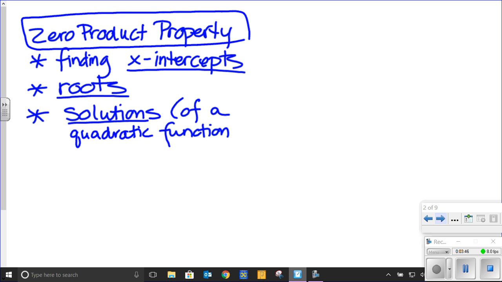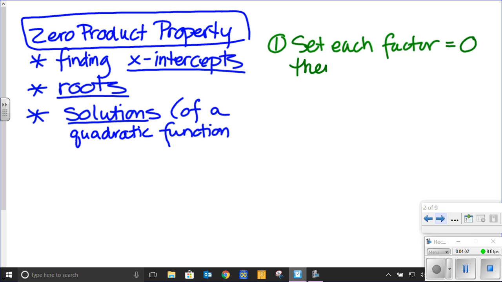And the way we solve for this is we are going to set each factor equal to 0, and then we're going to solve for x.